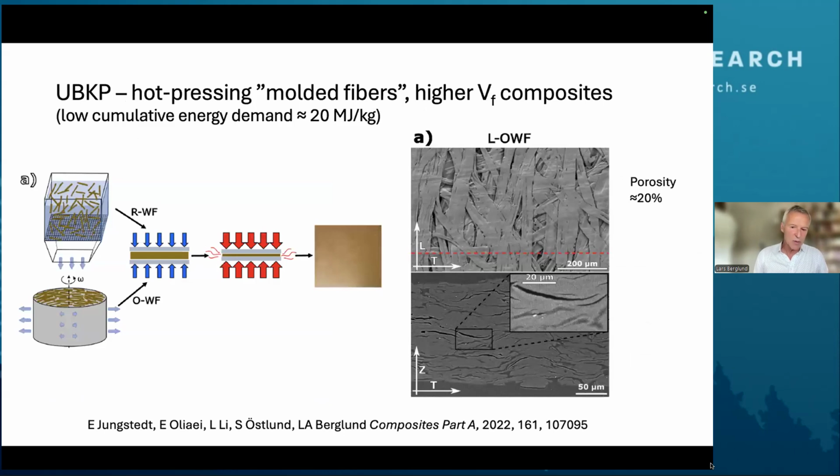One possibility that we've explored recently is to hot press fibers. This is interesting by itself. You can make molded fiber type of materials with high fiber content. Typically, we can achieve a porosity of about 20%. You see on the image of the processing route there, we use a dynamic sheet former.